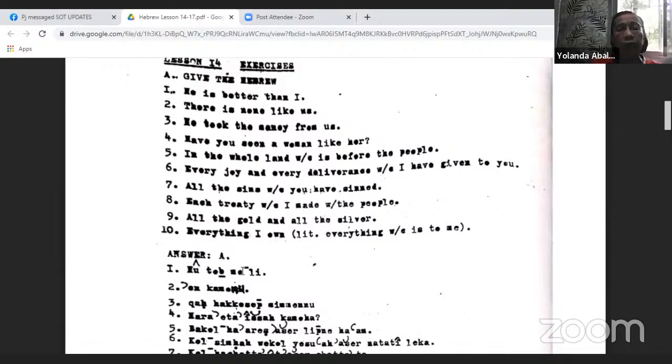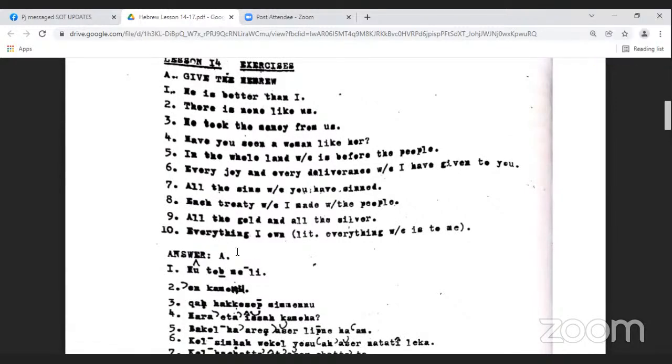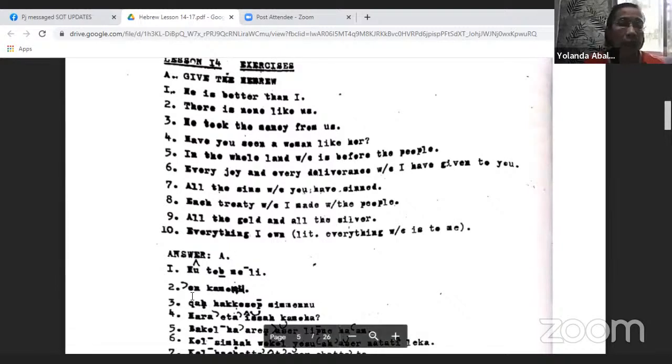Yung comparative degree, than. Gumagamit din tayo ng me and him for from. Yeah. There is none like us. In kamuno. Yan, yung ating exercise just now, in kamuno. In means none, kamuno, like us.